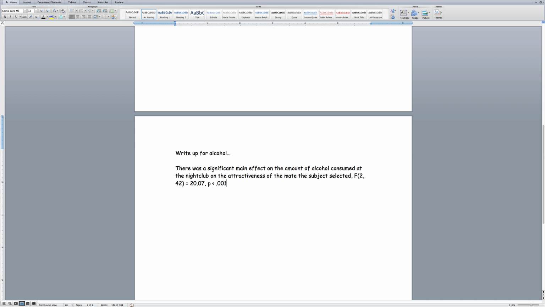And our effect size, actually it's Cohen's f, wasn't it? Was equal to, that's the reason I wrote this down, guys, 0.914.